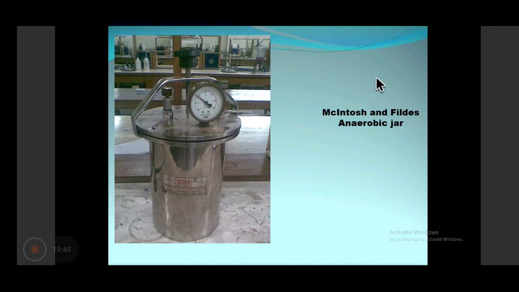What is the name of this jar? Anyone attending or not attending? Macintosh jar, metallic or glass jar?